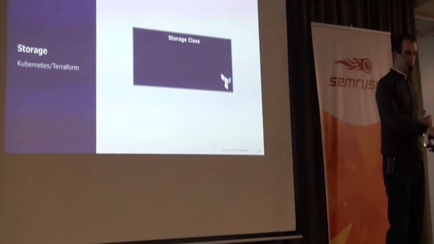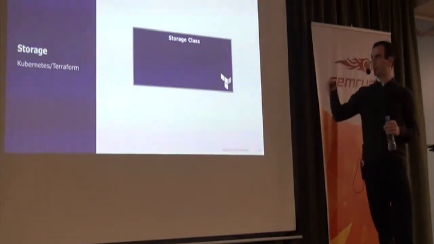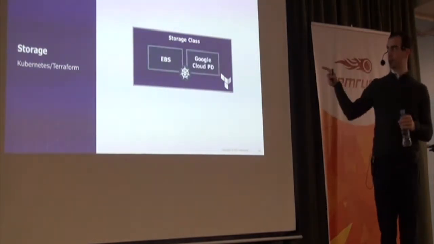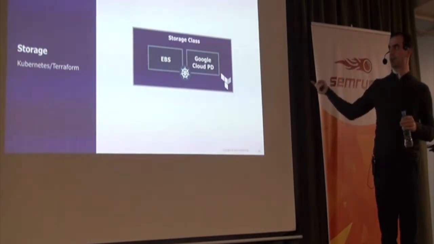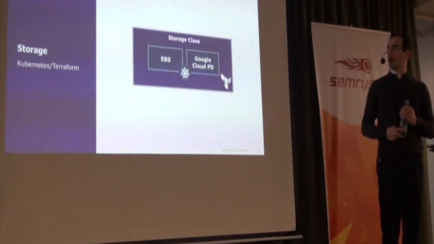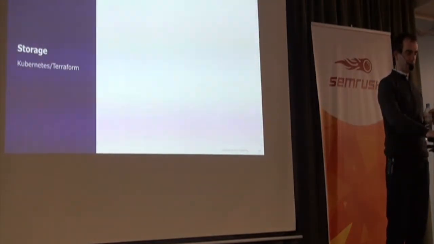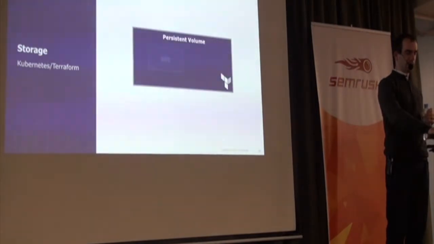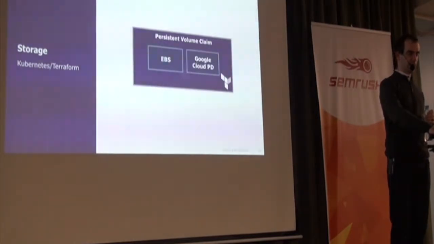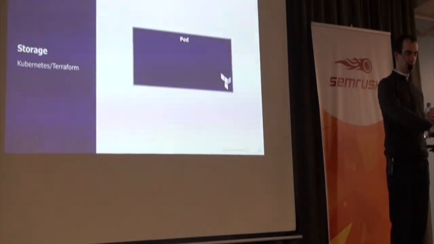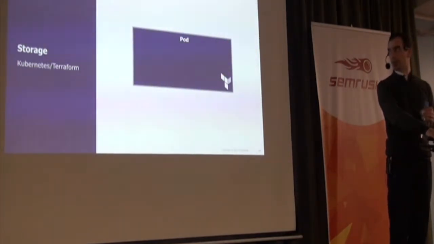So you would let the storage class in Kubernetes be managed by Terraform, and then the storage class in Kubernetes would provision the EBS volumes or PDs on demand effectively. So you would just tell what kind of storage you want. And you could do the same with persistent volume, which basically does the same thing, or persistent volume claim. Or even a pod, which may be a standalone pod, or a pod that is scheduled as part of the replication controller.